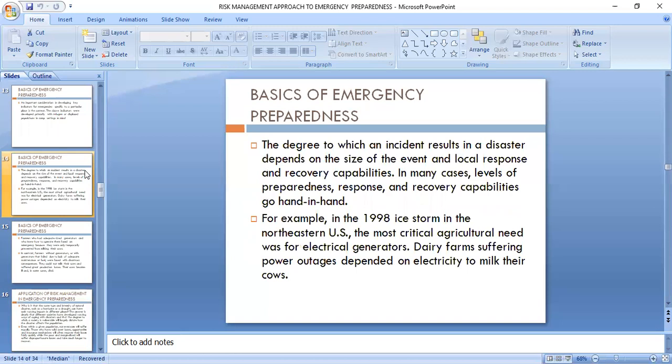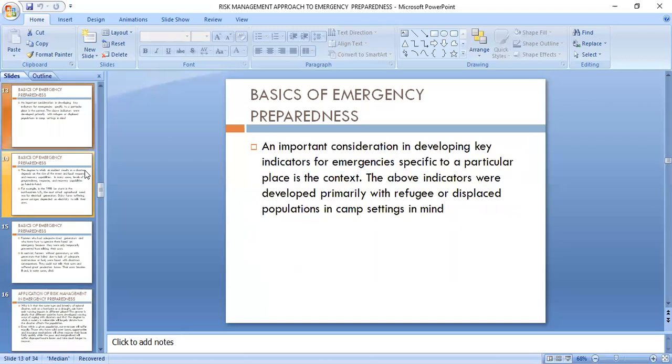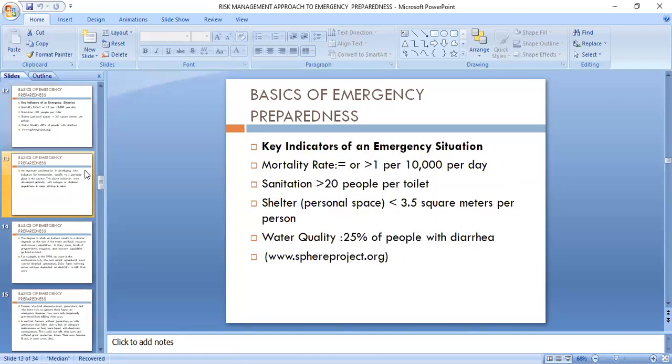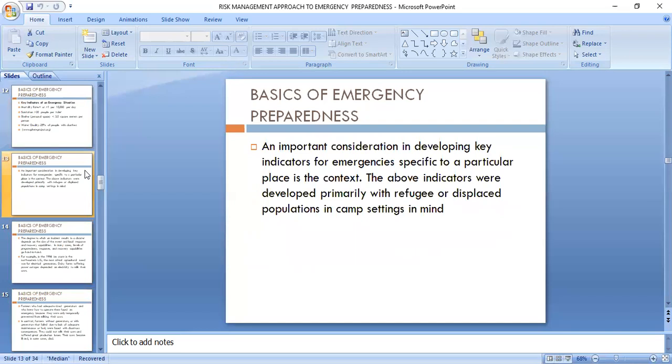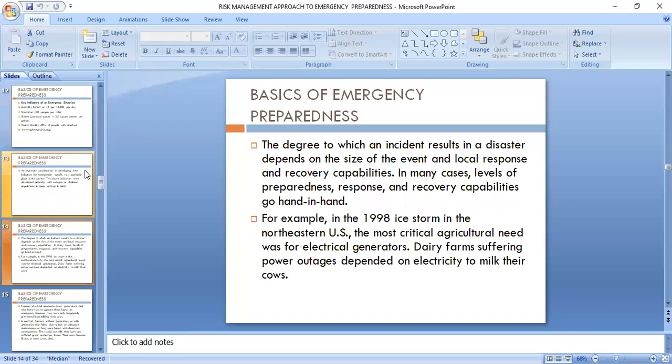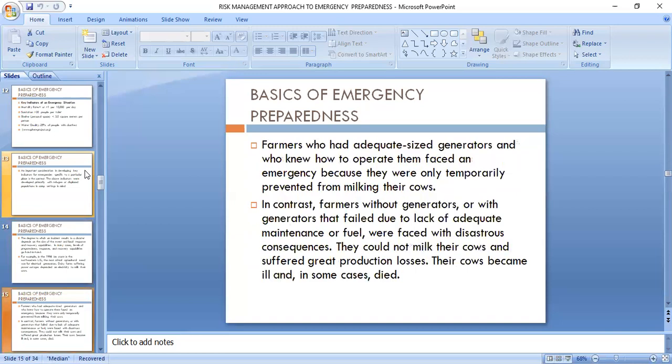So, basics of emergency preparedness. The level of preparedness of an organization or a community will determine the impact of the emergency. For example, in a case study in 1998 in the US, there was an ice storm in northeastern US which knocked off power, and a lot of dairy farmers could not milk their cows because they needed power to do that.